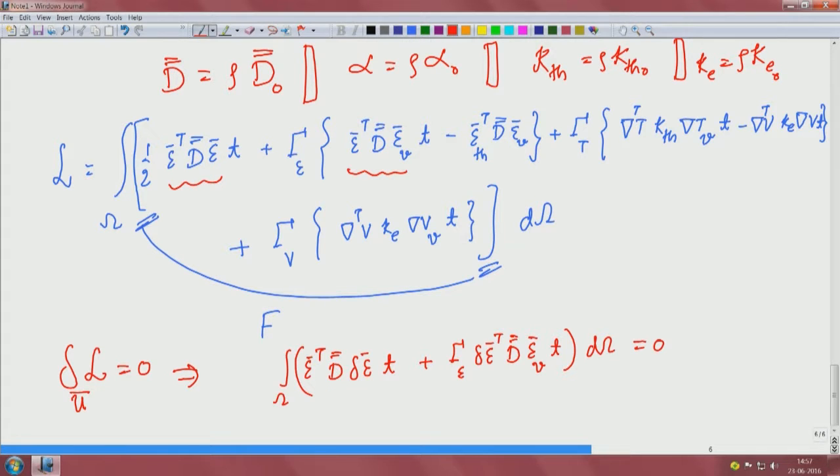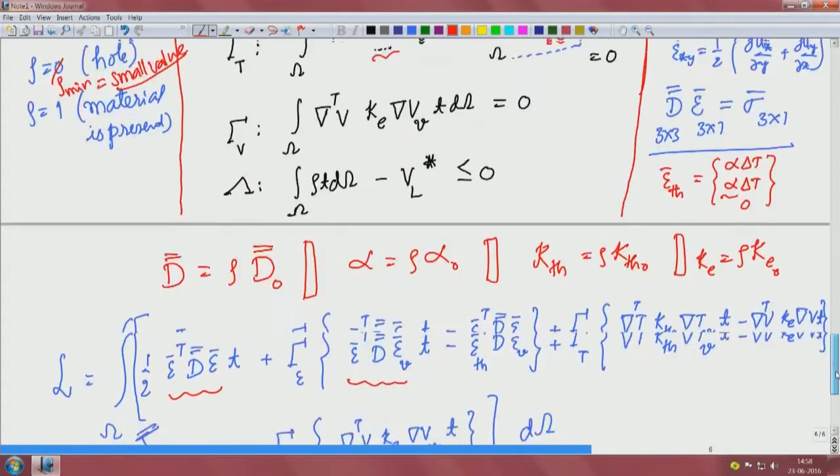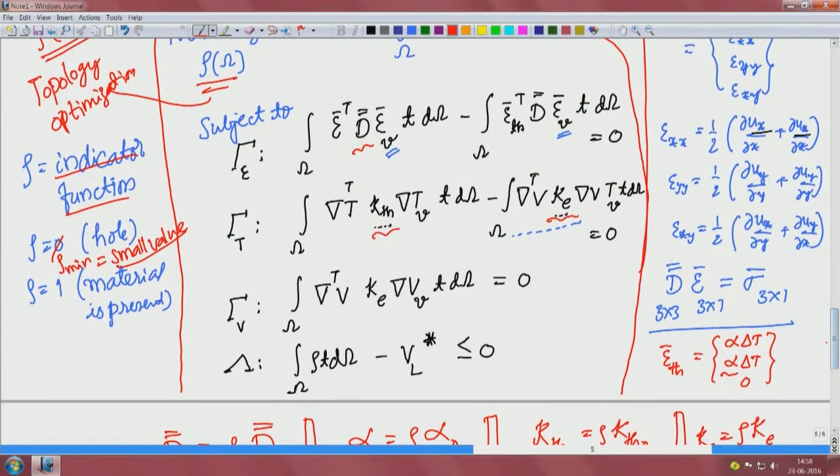If you take with respect to rho, you would have got the design equation, but my intention is to show you that going backwards. In order to do this problem forward, we have to first do the electrical problem, then the thermal problem and then the elastic problem. I cannot do this problem first because it involves temperature over there.